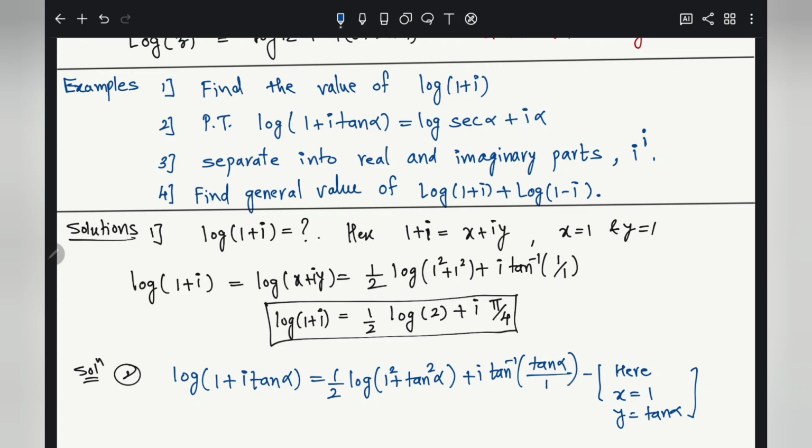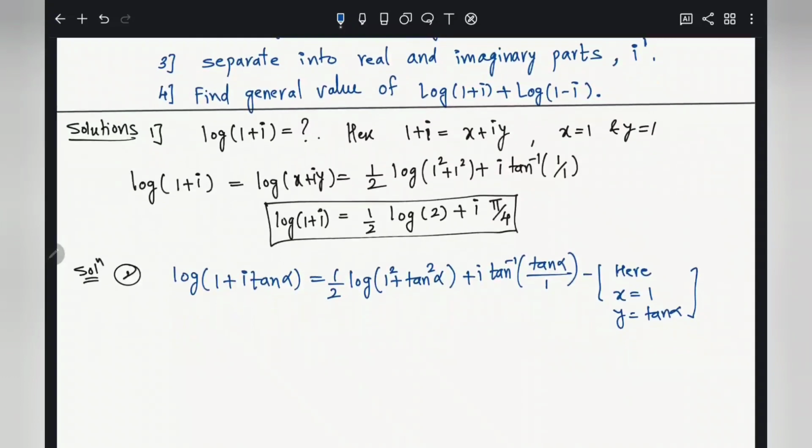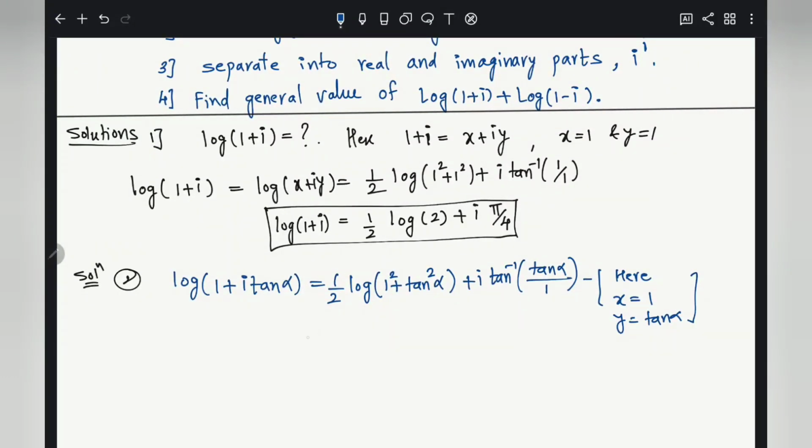Because x is 1 and y is tan alpha, we can write log of 1 plus tan square alpha, which is sec square alpha, plus i tan inverse of tan alpha, which is just alpha.